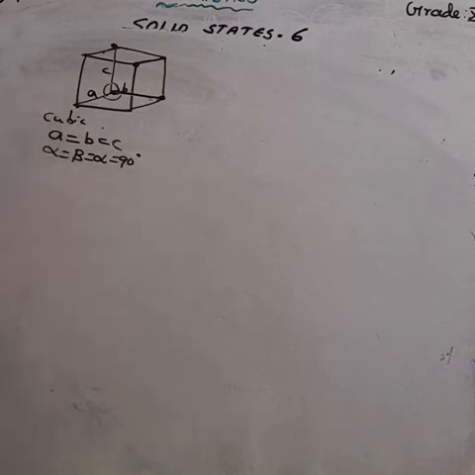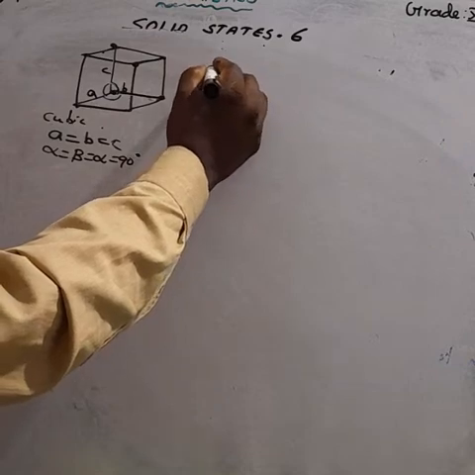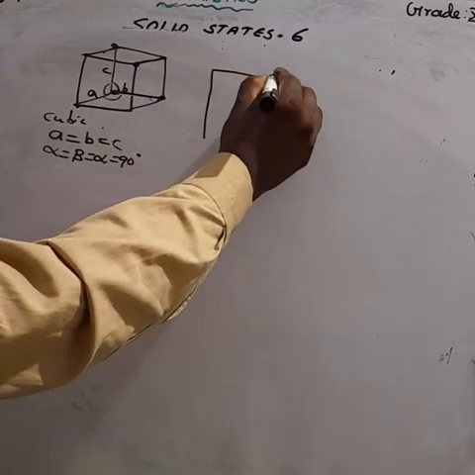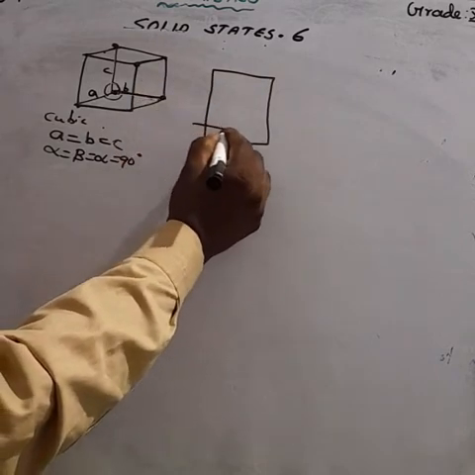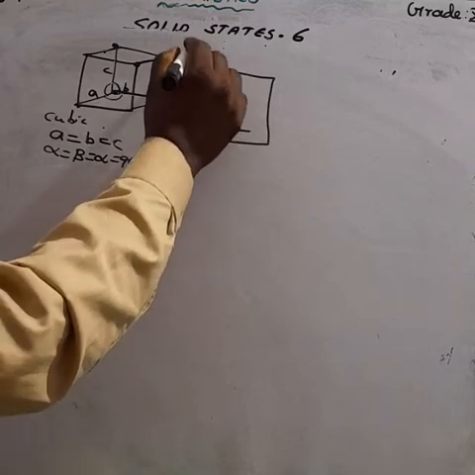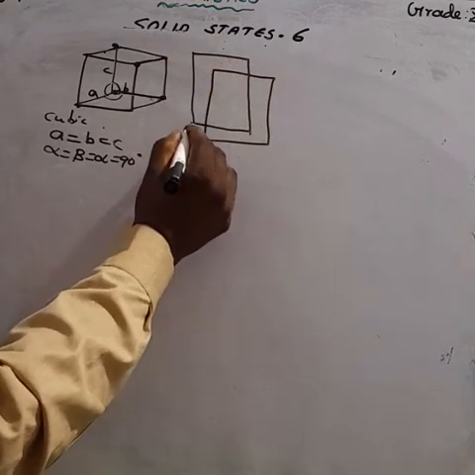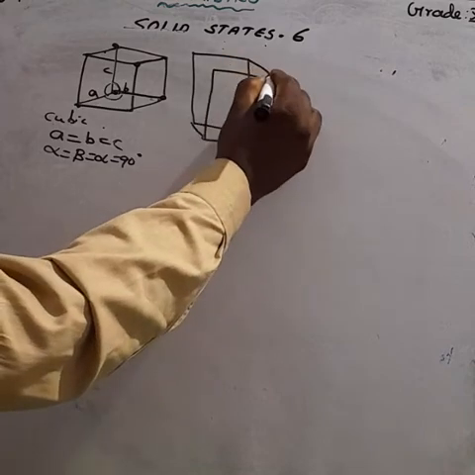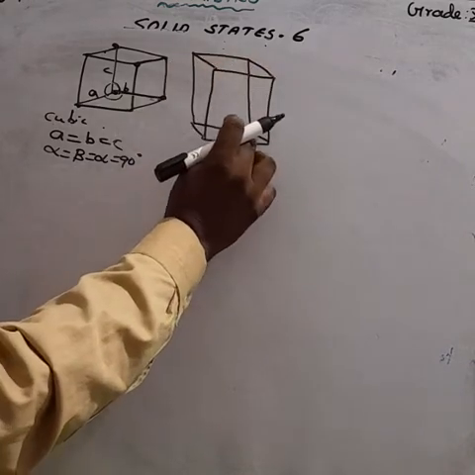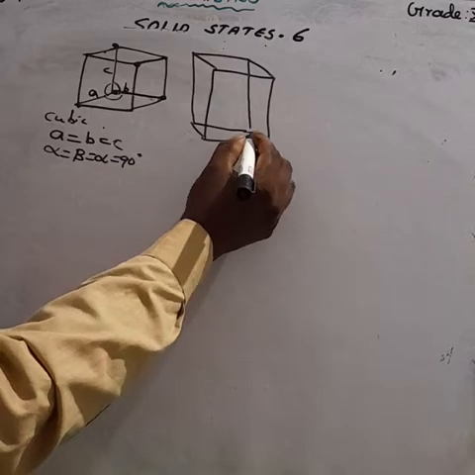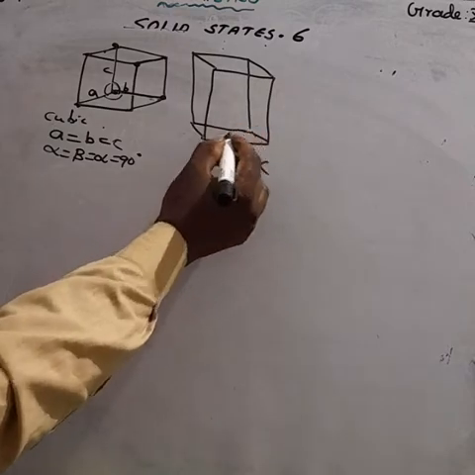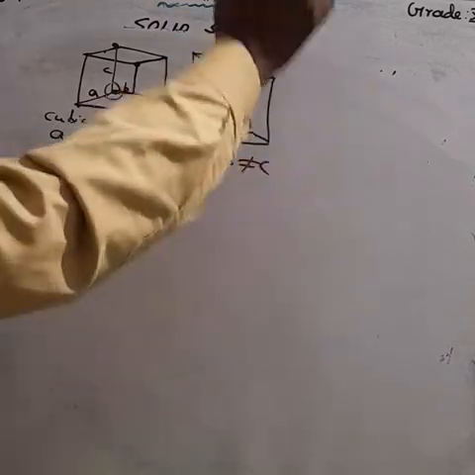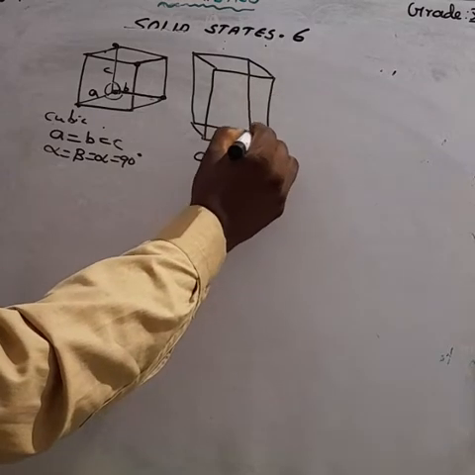Next, as per my order, you have to draw tetragonal. Please look at tetragonal. I am drawing the diagram. Here a is equal to b, but b is not equal to c, because the c length is higher.